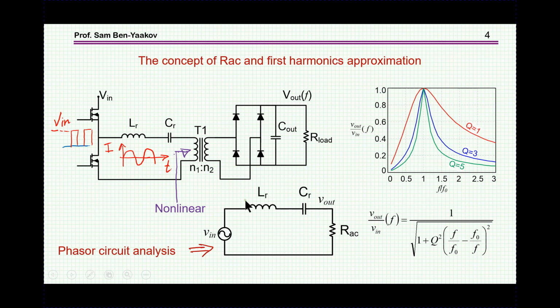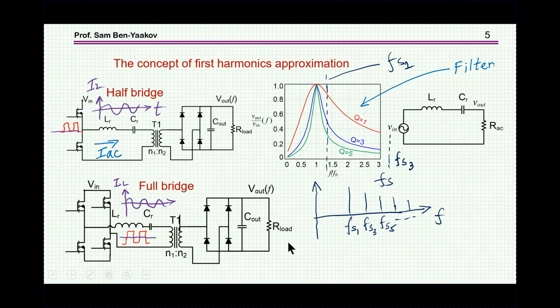And what we want to do is to come up with such a circuit, which is easy to analyze. So here we are talking about the so-called RAC, which is going to replace the nonlinear part here. Okay, so what we want to do is just to cut out this thing and to replace it with this RAC here to linearize the system.